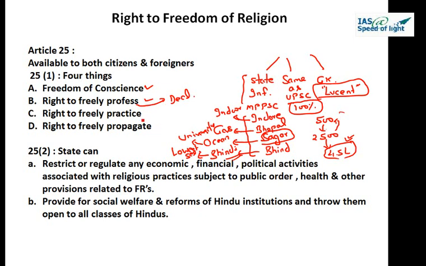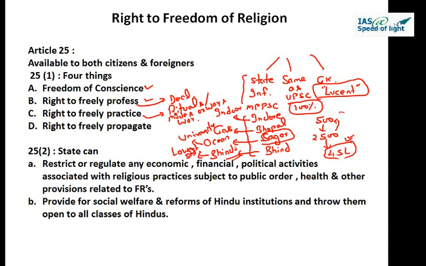Third, the right to freely practice. What practice? The different rituals, the various forms of worship in a particular religion. So, the right to freely practice the rituals or ways of worship. Fourth, the right to freely propagate the tenets of your religion, that is, the propagation of your ideas about your particular religion.